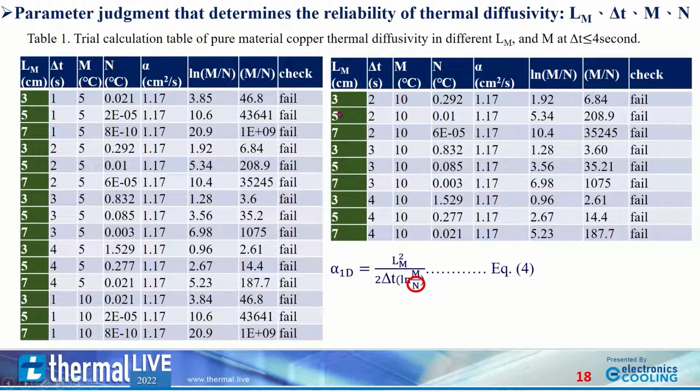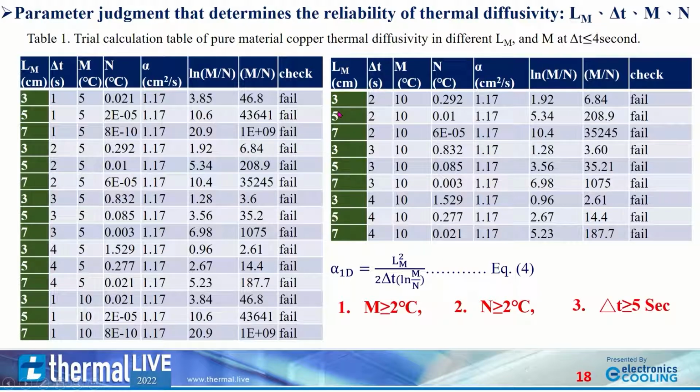The so-called reasonable range must meet the following three conditions. First, M is equal to or larger than 2 degrees Celsius. Second, N is larger than or equal to 2 degrees Celsius. Third, the delta T delay time is larger than or equal to 5 seconds.